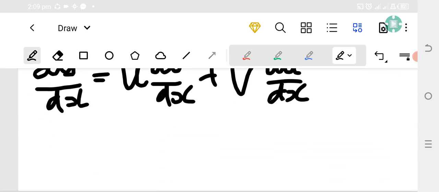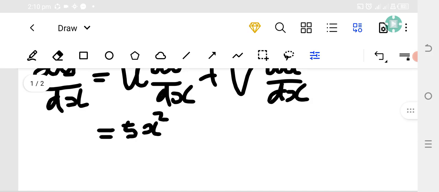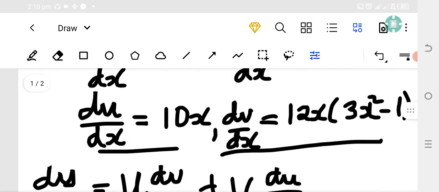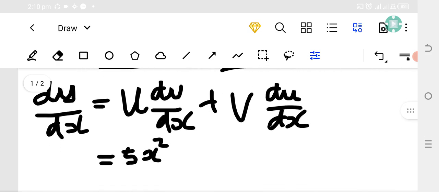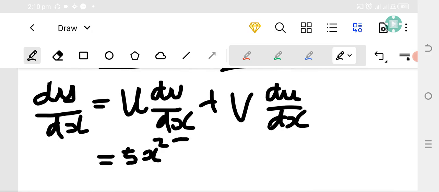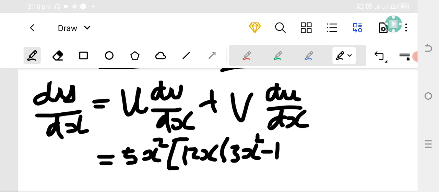So dy/dx is equal to 5x squared multiplied by your dv/dx. Your dv/dx is 12x times (3x squared minus 1), so I'm going to put square brackets, 12x times (3x squared minus 1). Then plus v.